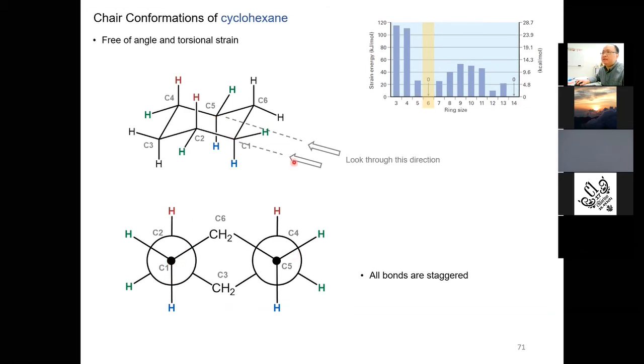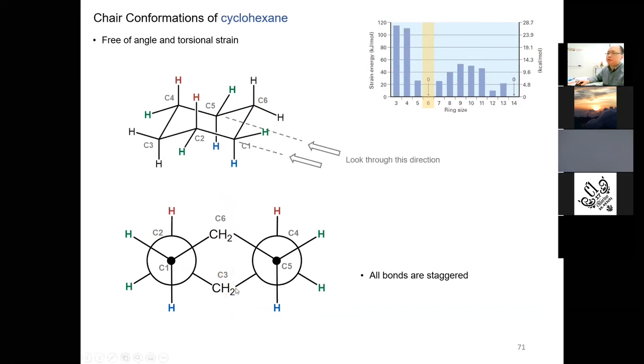This is the bridge, which is C6 here, and this is below the plane, which is C3. So C1, C2, C5, C4: these four carbons are on a plane, C6 above the plane, C3 below the plane, right?